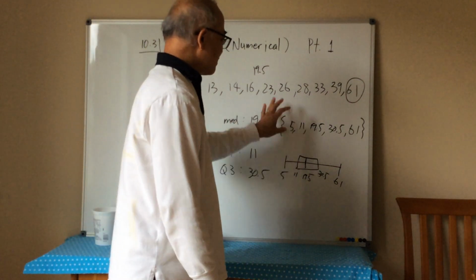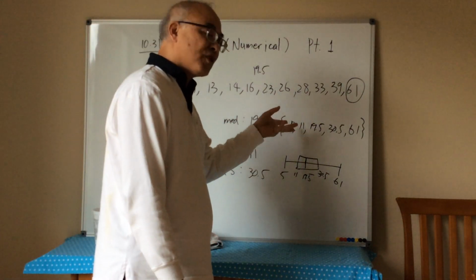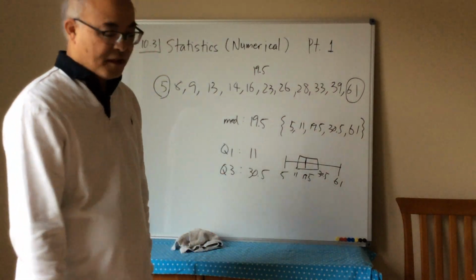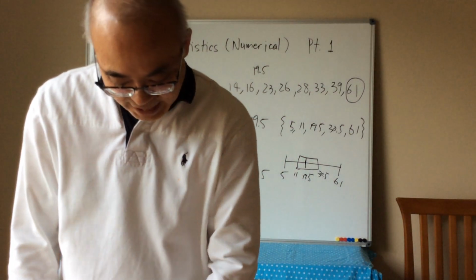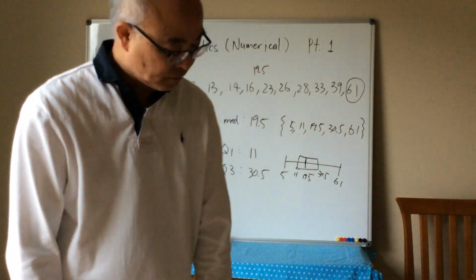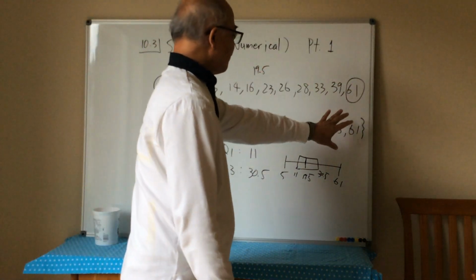So this can be cumbersome at times, right? If I gave you like 35 points, this is quite a bit of work. So an easier way to do that is to use your calculator. When you use the calculator, how would you find the 5-number summary?